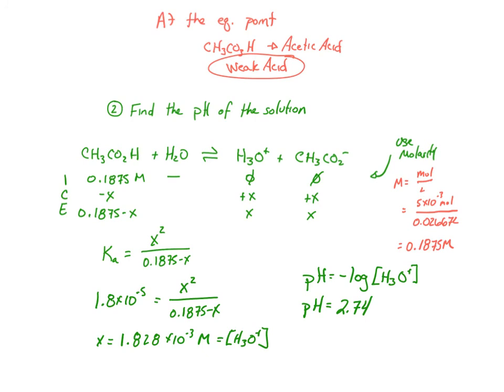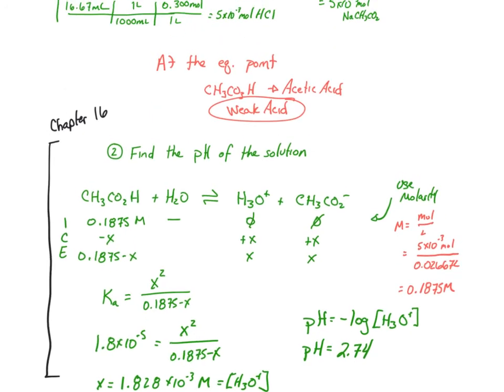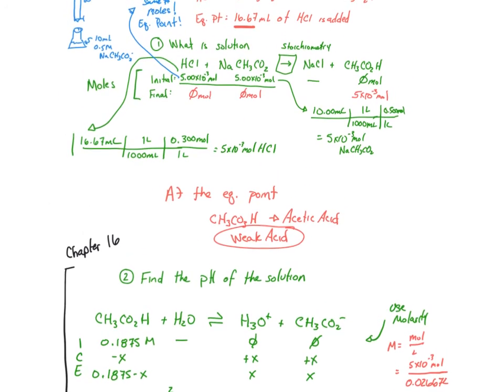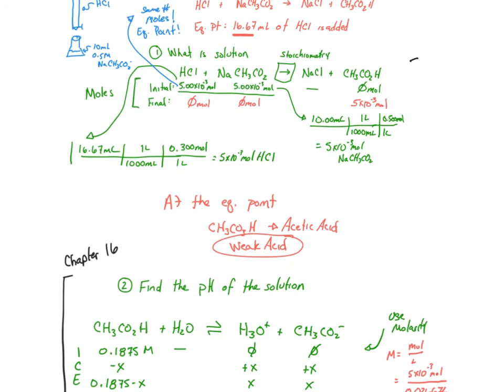Okay, so something to remember with these problems: this portion of the problem is the same as the method that you learned in chapter 16, because we have a weak acid in solution. The only thing that we are adding on to it is the stoichiometry, which we learned in chapter 4.